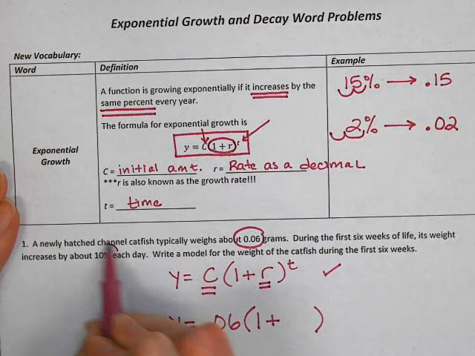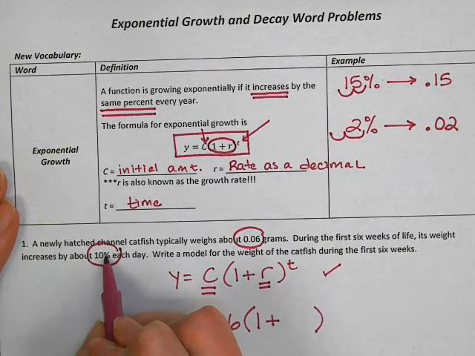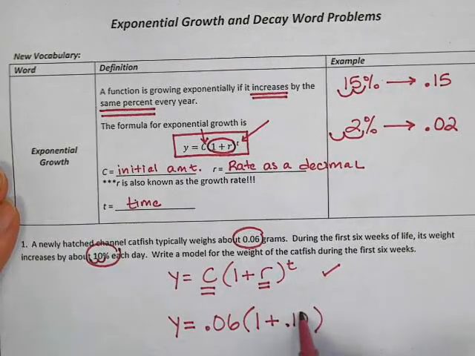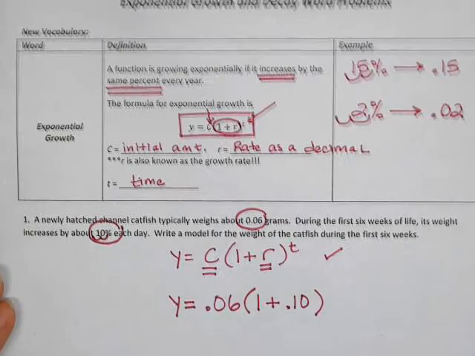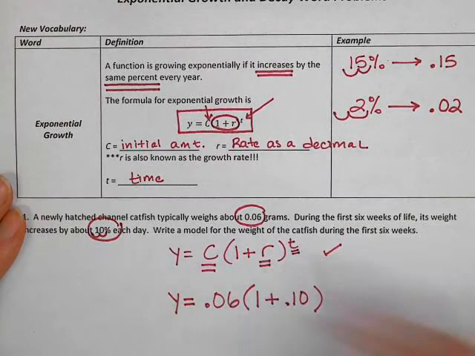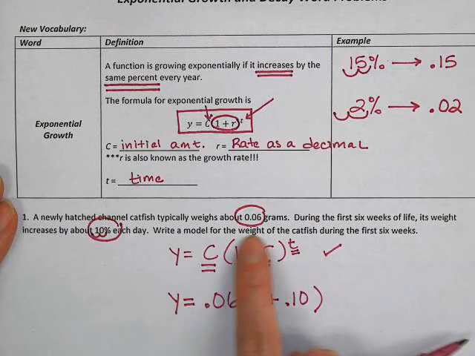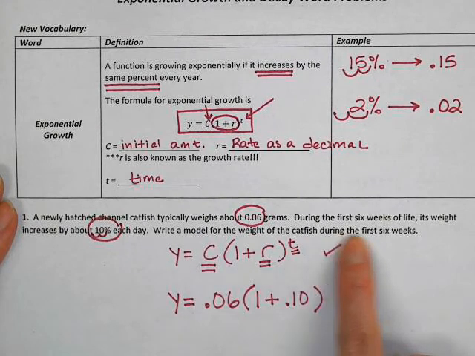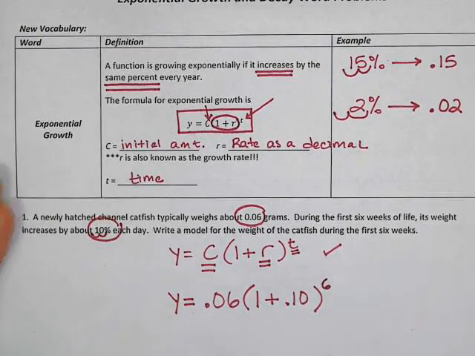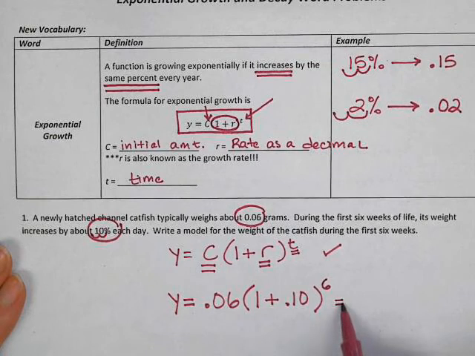So how do we write 10% as a decimal? Well, you move it 2 spots to the left, so it's 0.10. Okay, moving along, and then T is time. And it says, write a model for the weight of the catfish during the first 6 weeks. So T is 6. And then all you do is type it in the calculator.